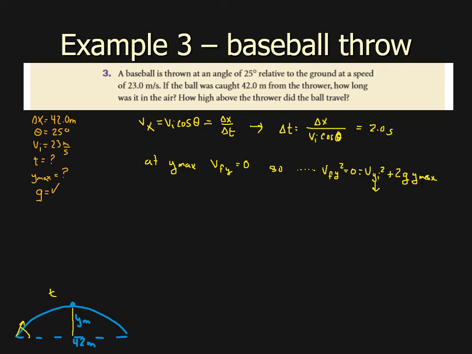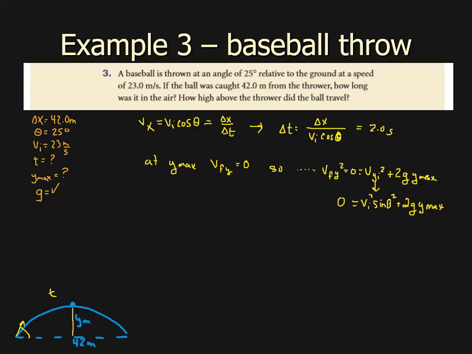This of course has to have a substitution, so it really should look like 0 equals Vi sine of the angle, all squared, plus 2 times gravity times the maximum y height. And I think I can rearrange this and solve for y max.